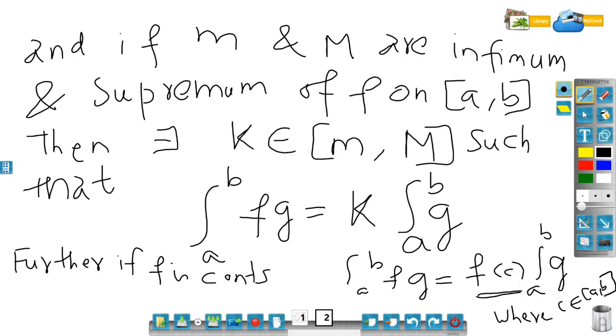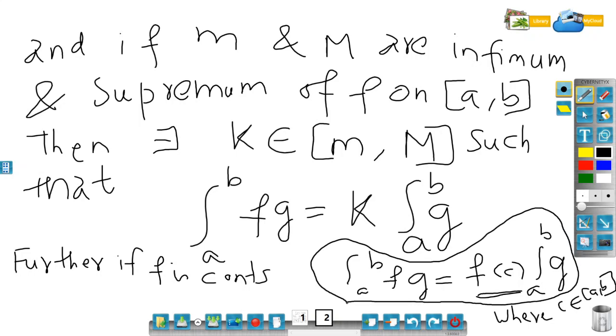That is not difficult to visualize. I also wanted to tell you here, if I take g as 1, because g is non-negative throughout a, b, then this equality becomes the integral a to b of f equals f at c times b minus a.